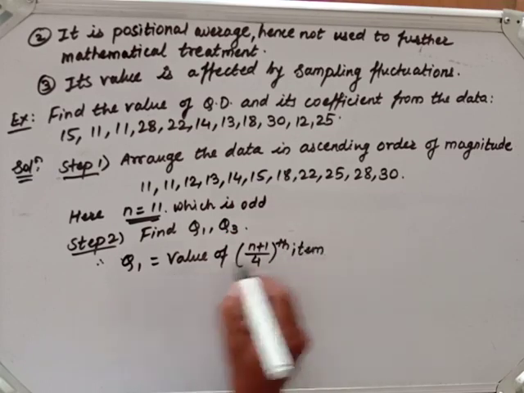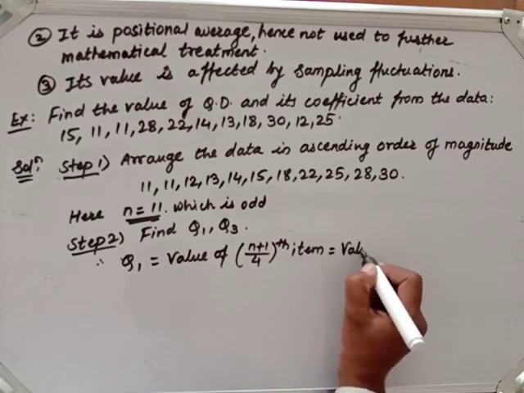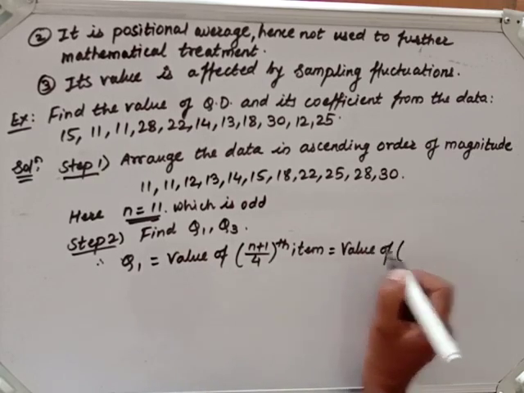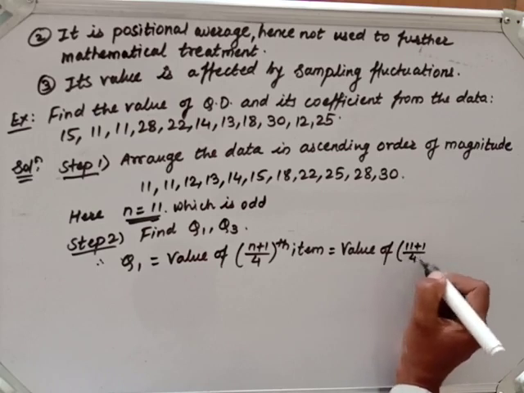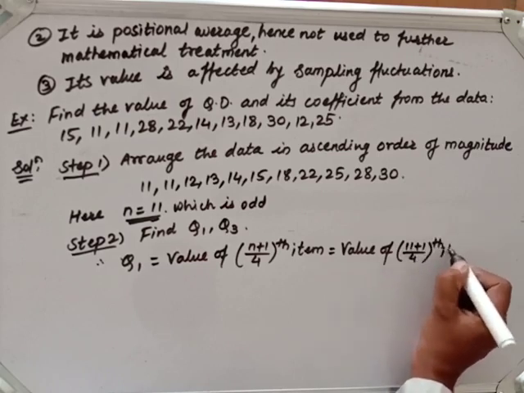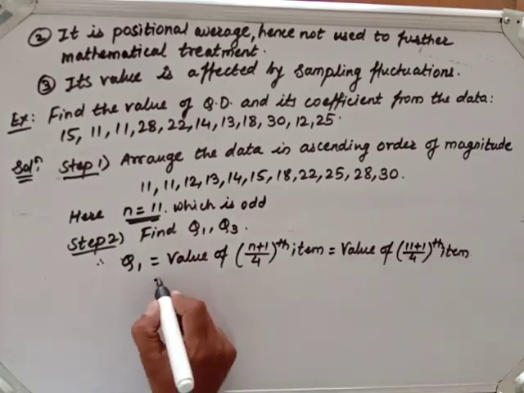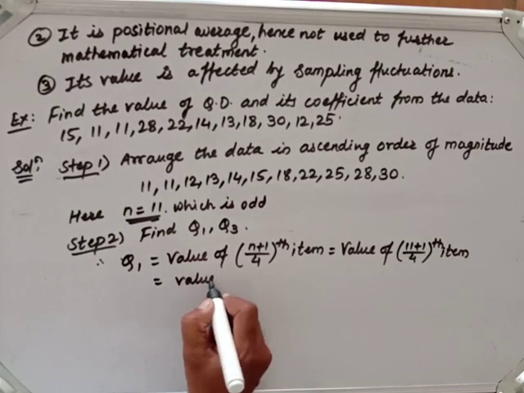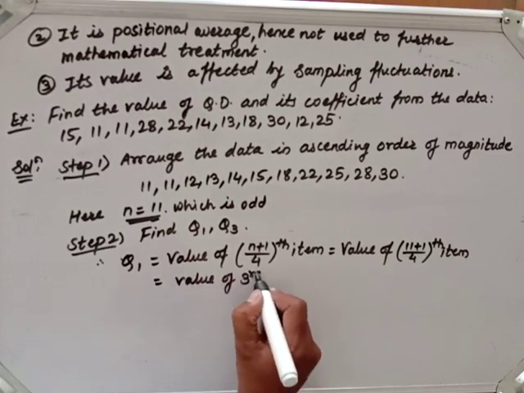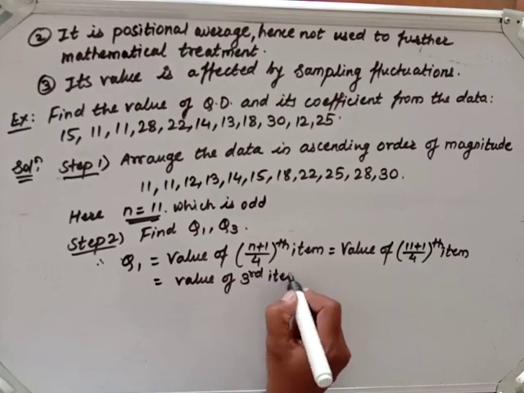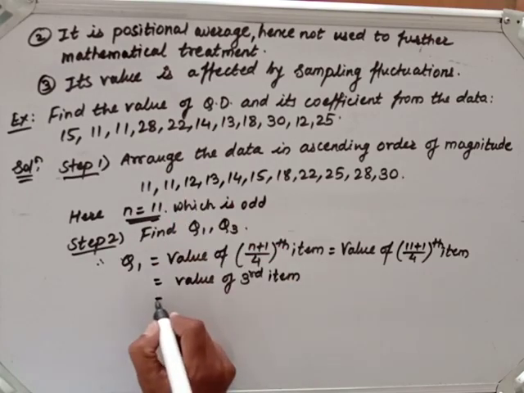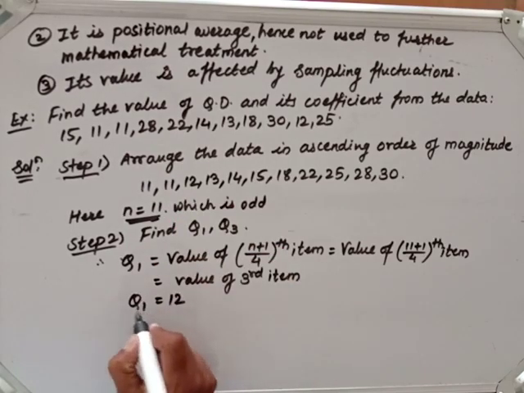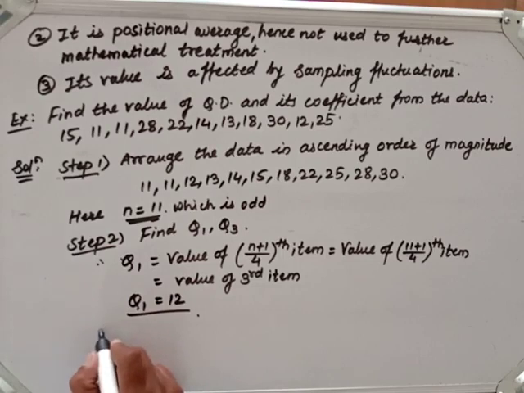With n equal to 11, 11 plus 1 by 4 is the value of the third item. What is the third item? Look here: it is 12. So Q1 is 12.